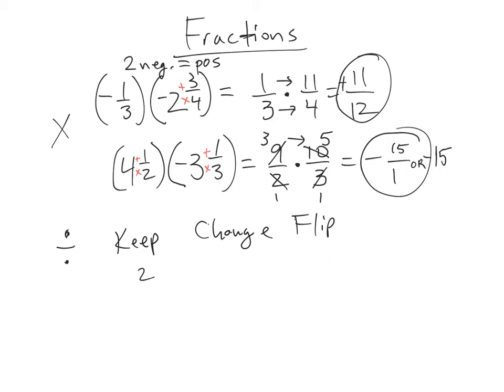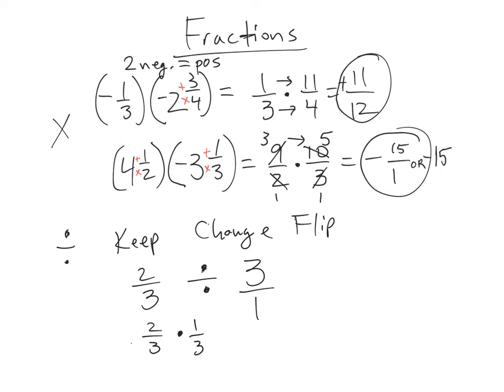That means that if I have 2/3 divided by 3, and I'm going to use the division symbol here because I want you to see the keep, change, flip easier. The first thing we do is change this to 3 over 1, but then we keep the first number, change the division to multiplication, and flip the 3 over 1 to 1 over 3.